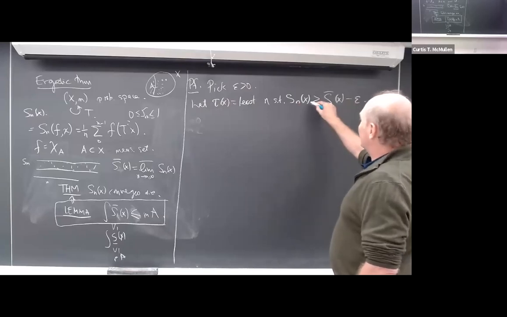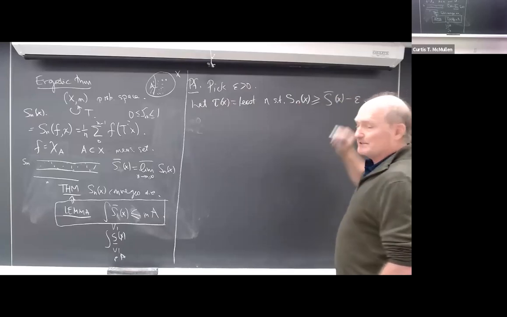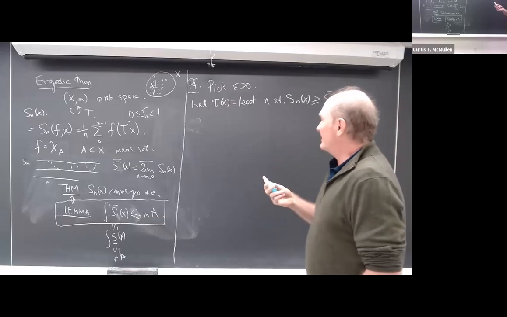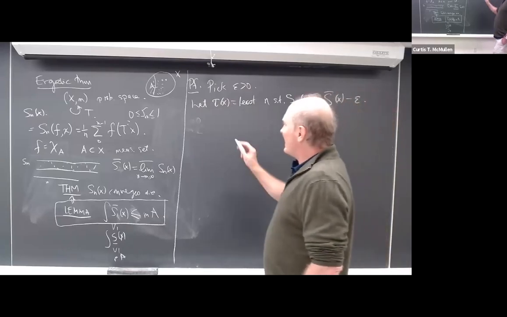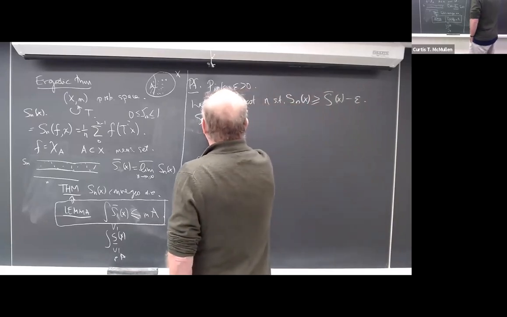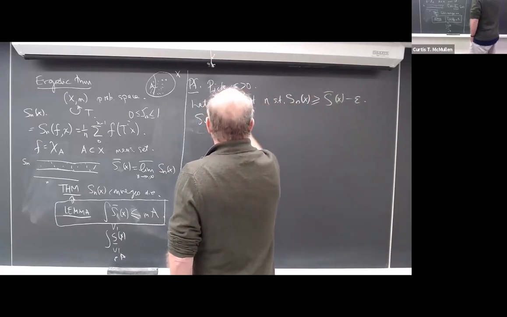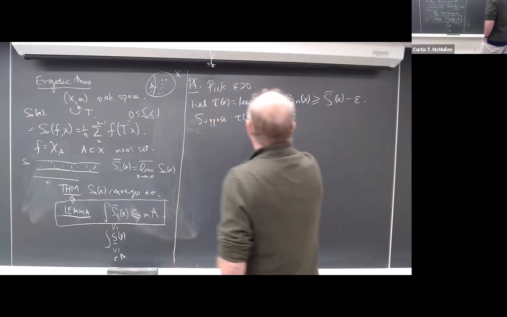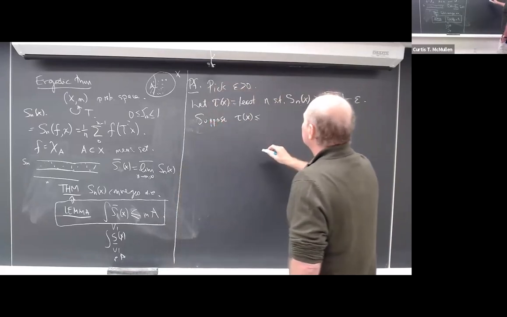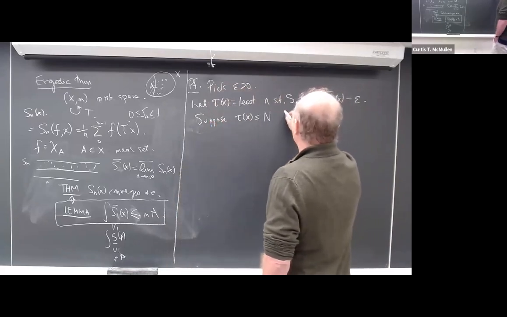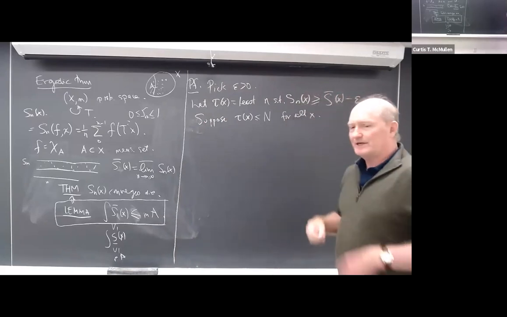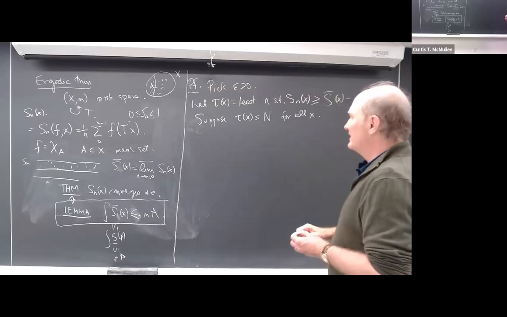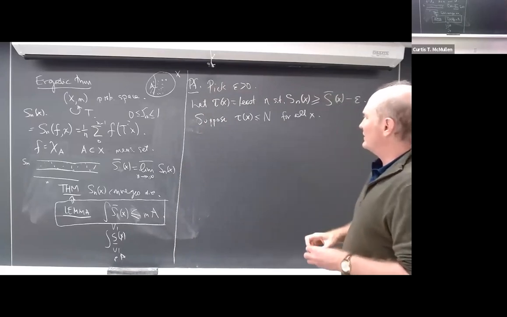And so in particular, there must be some time where it's within epsilon of its limsup. And now, just to make life easier, let's suppose that tau of x was less than or equal to some constant N for all x. So within capital N steps, you get within epsilon of your limsup.